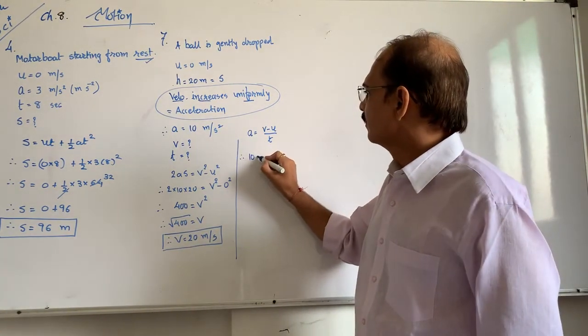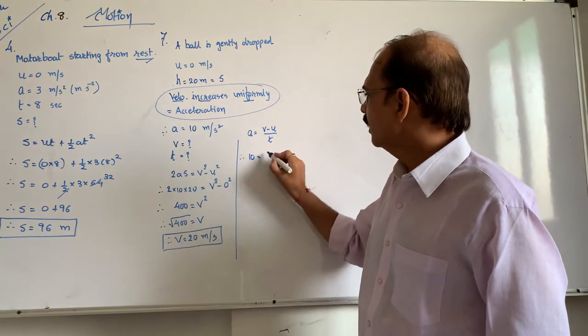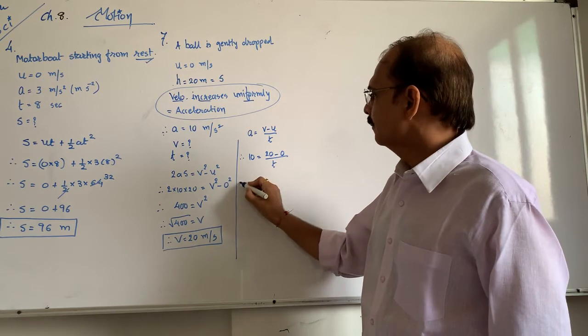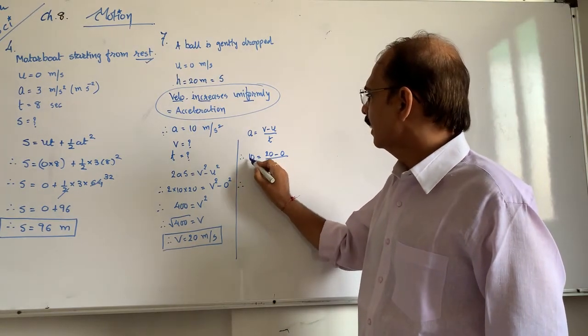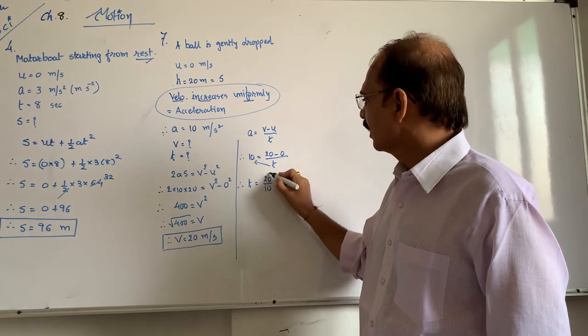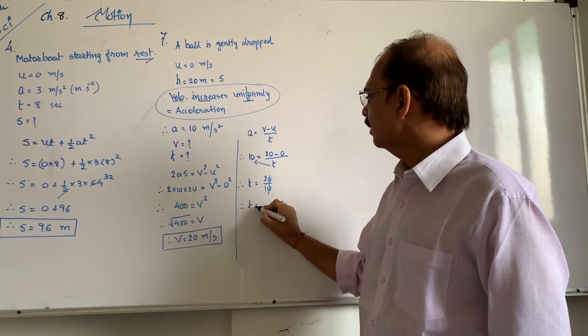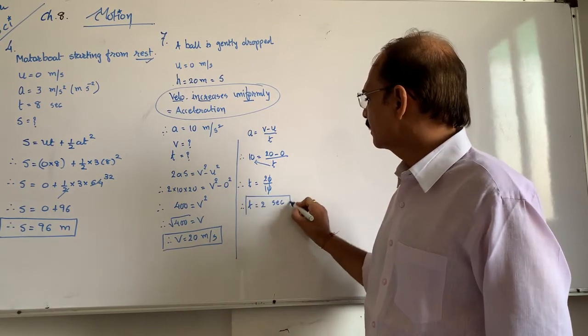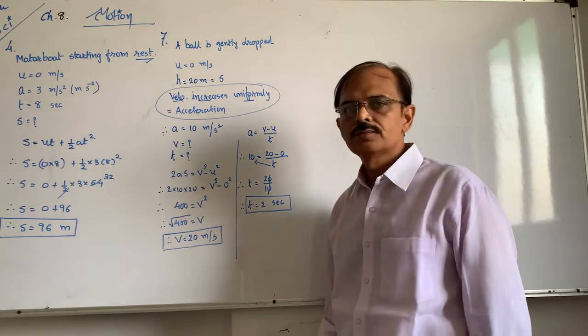Acceleration is 10, we found v as 20, u is 0, time we want to find. Take t this side and 10 this side. So t equals 20 upon 10. Zero, zero cancel. t equals 2 seconds. So after 2 seconds, it strikes the ground.